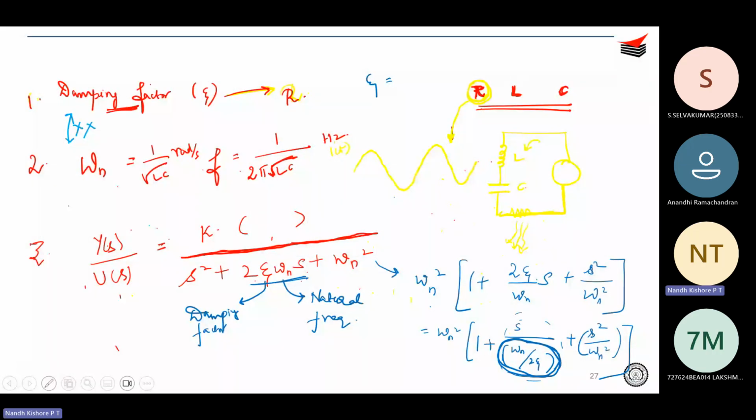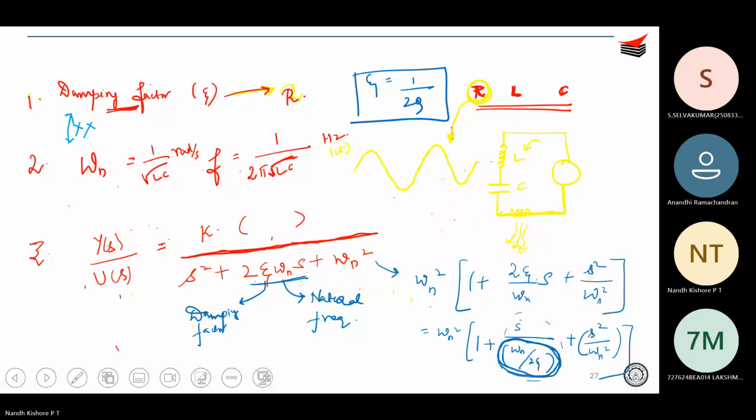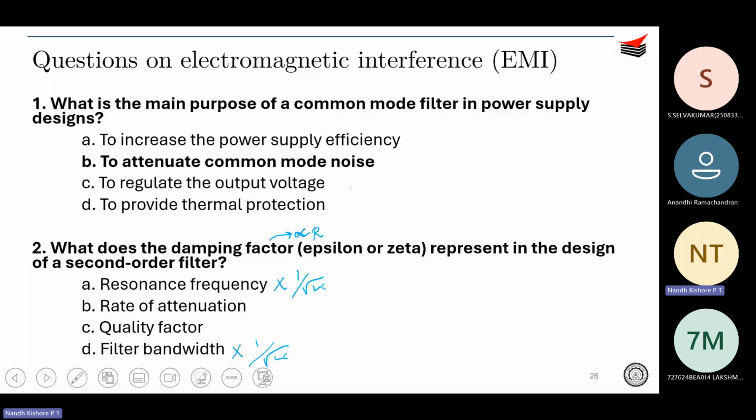That is, your damping factor is inversely proportional to your quality factor. So the answer is that your damping factor represents your quality factor. Please refer to control systems concepts. We want to cover more problems, therefore I'm not going into this.